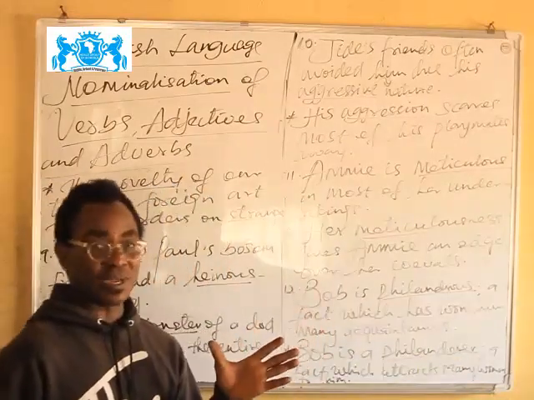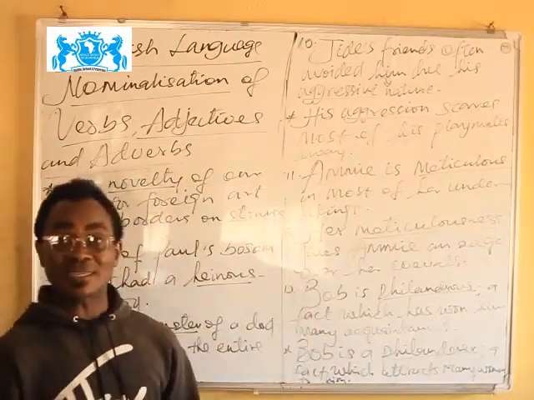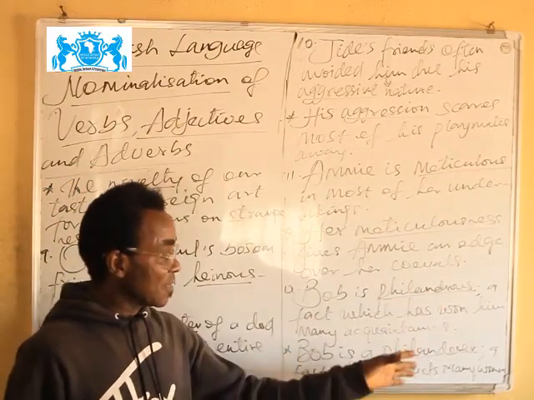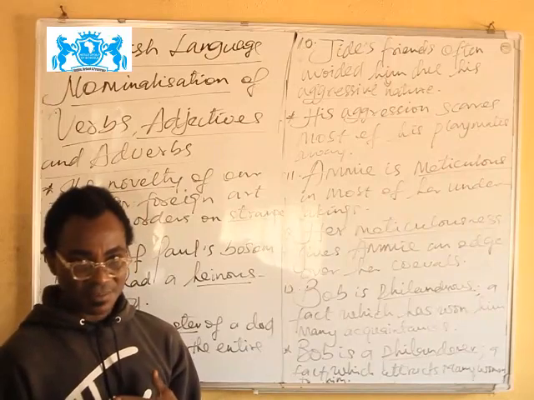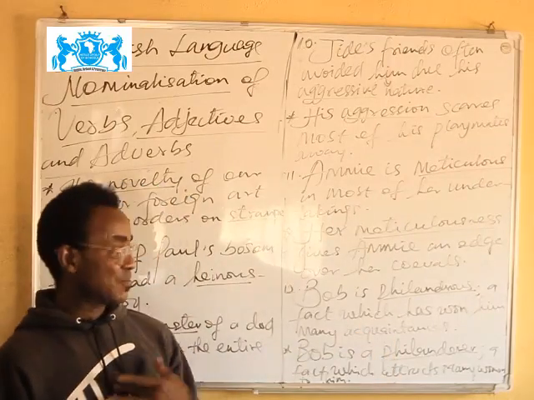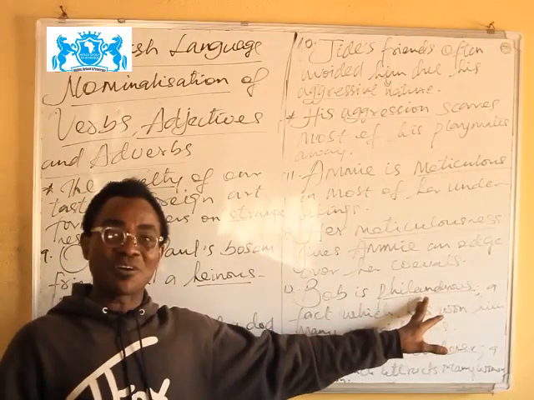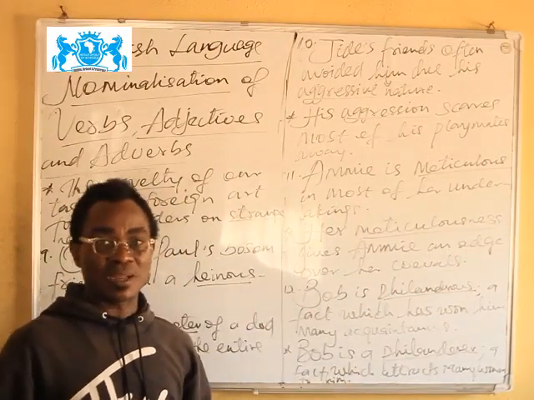He is a philandra. Or we can say, using an adjective, that he is philandrous. He is philandrous, or he is a philandra. Philandrous, a man. Philandra, a man. Philandrous, the behavior of a man who is a philandra.